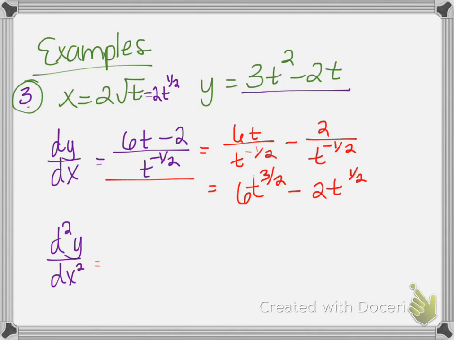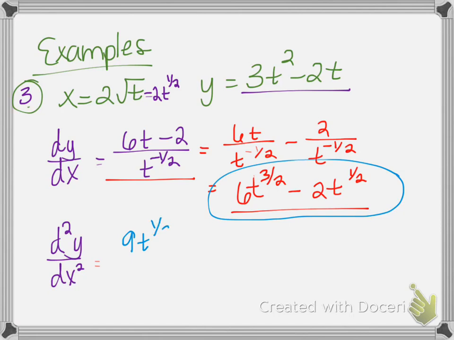This is okay for the answer, but you're going to need this answer when I find the second derivative. So the second derivative, the formula says that you find the derivative of what you got. So I need to find the derivative of that. That goes on top. 6 times 3/2, that would be 9t to the 1/2 minus, and then bring the 1/2 times the 2, so it'd be minus t to the -1/2.